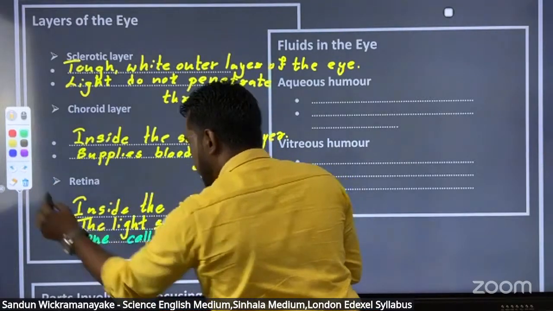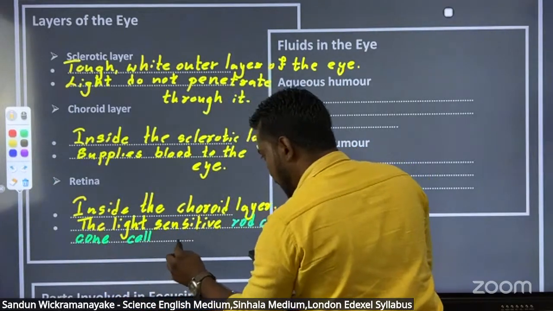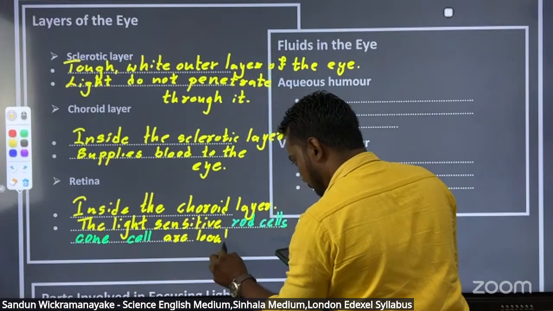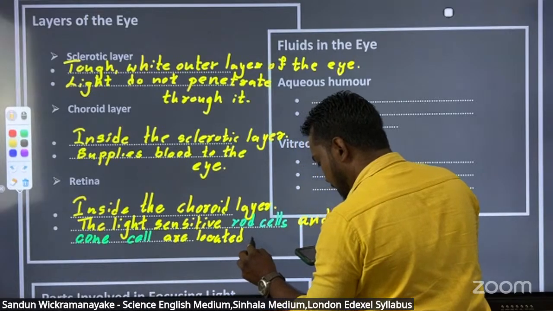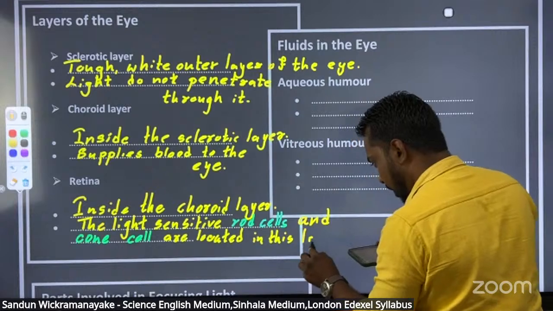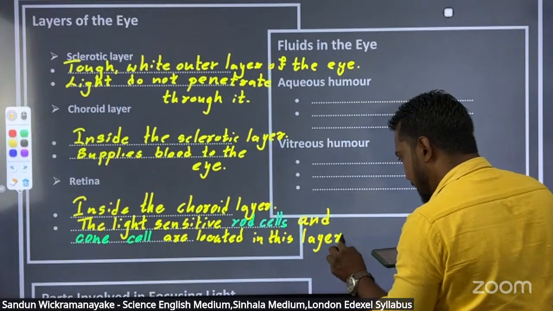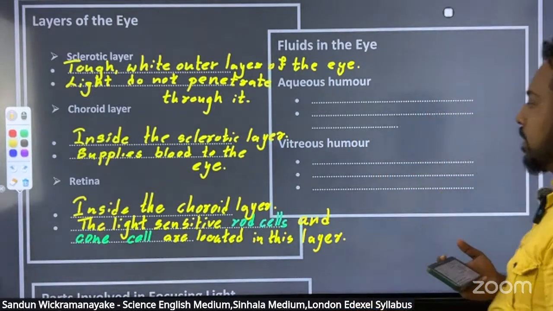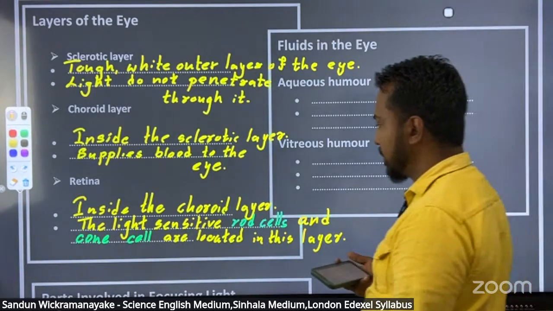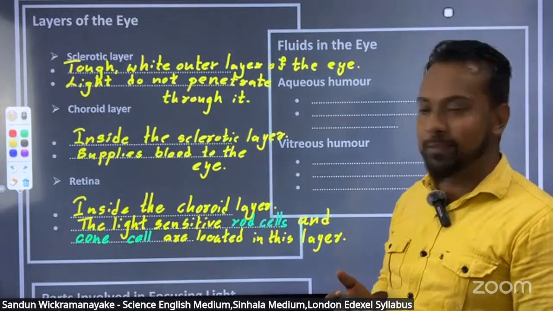First, write down this note. Cells are located in this layer. This layer contains two kinds of neurocells. One is rod cells, the other one is cone cells.